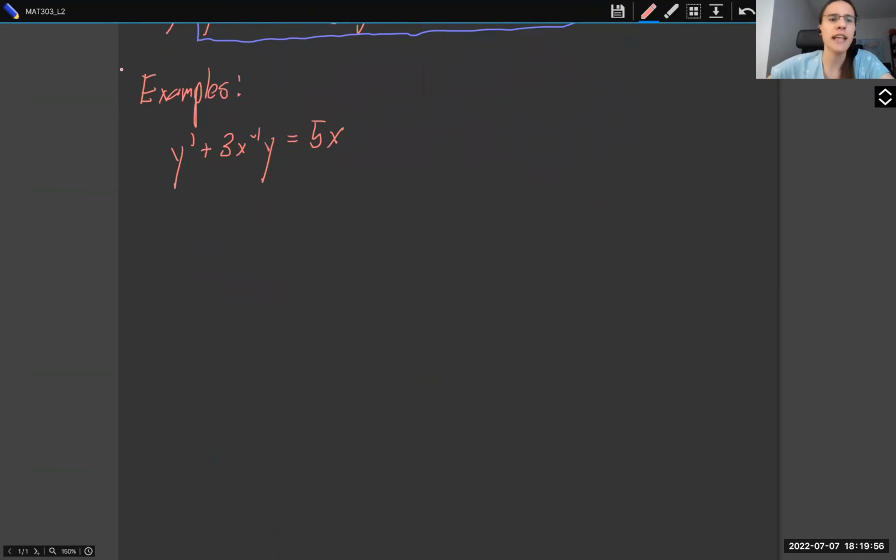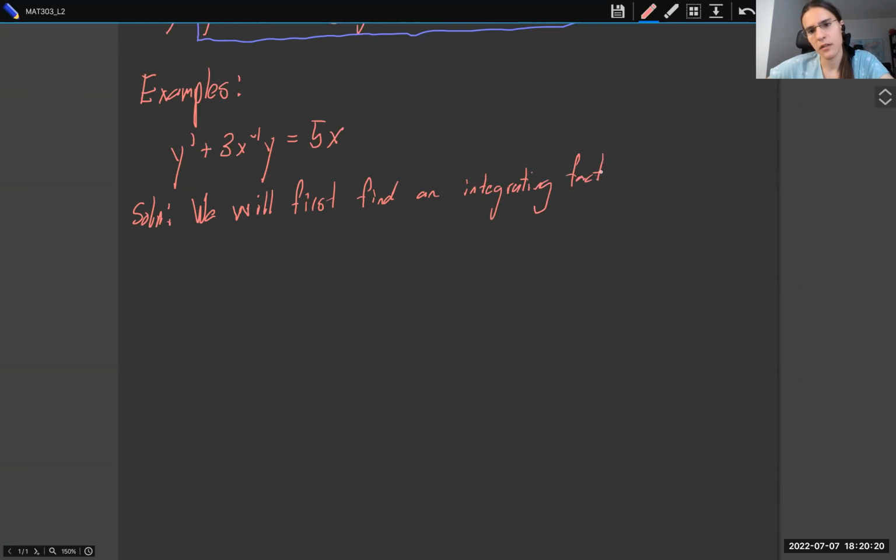Okay, so this is how you'd solve this problem. You'd write, let's say we will first find an integrating factor. So what we remember from the previous solution is what the formula for an integrating factor is.